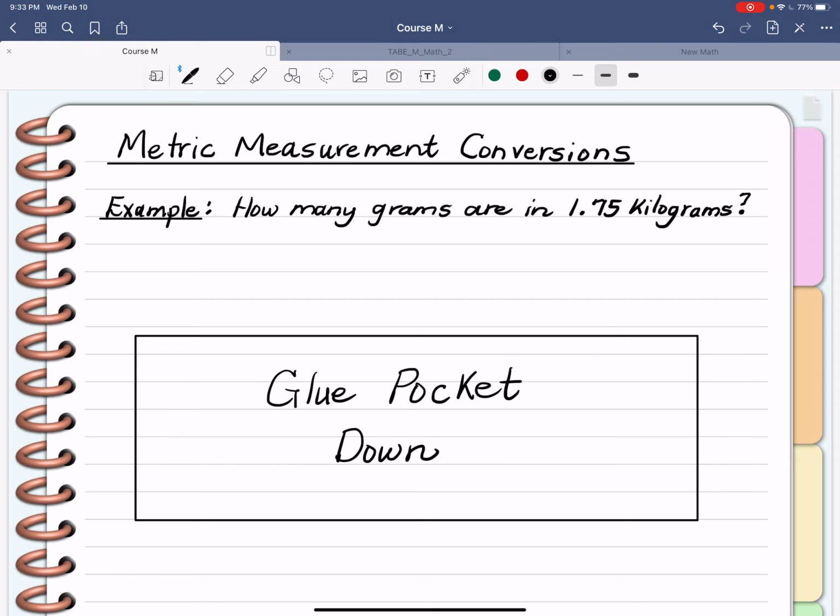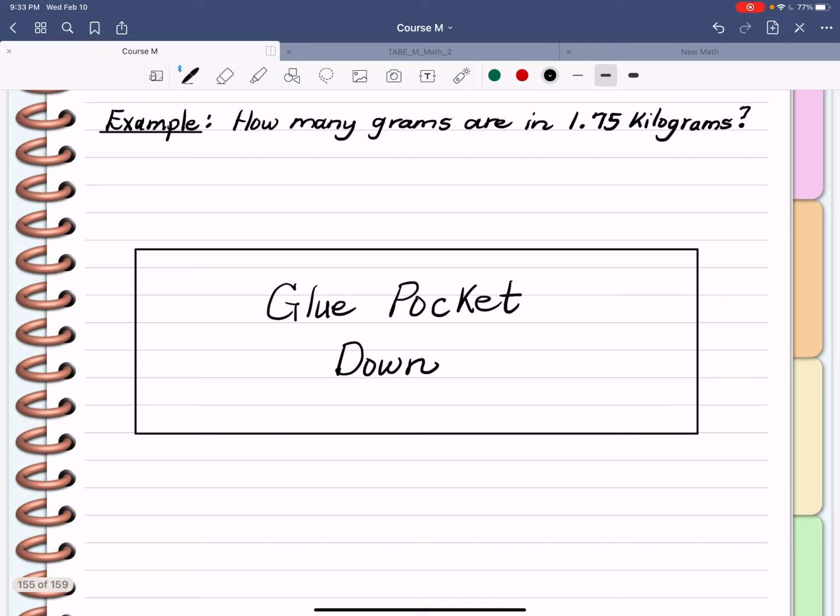Okay. So if you watch the customary video, these steps are the same. We're going to do exactly the same process that we did.